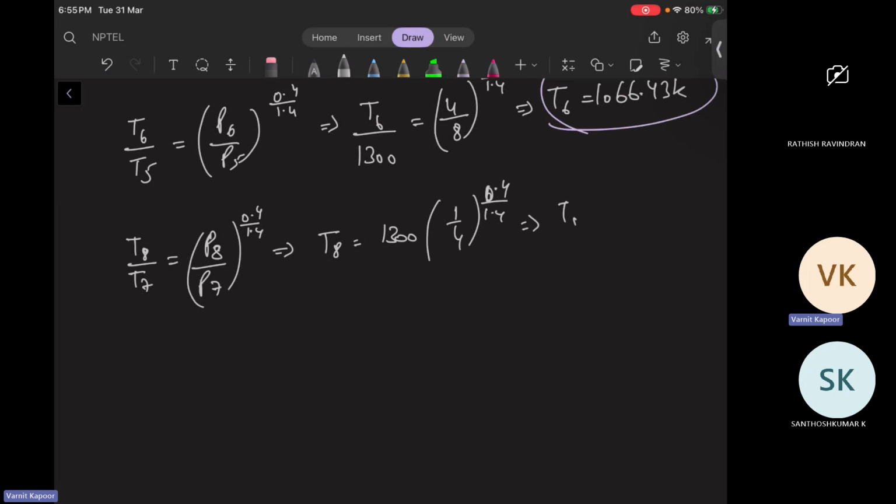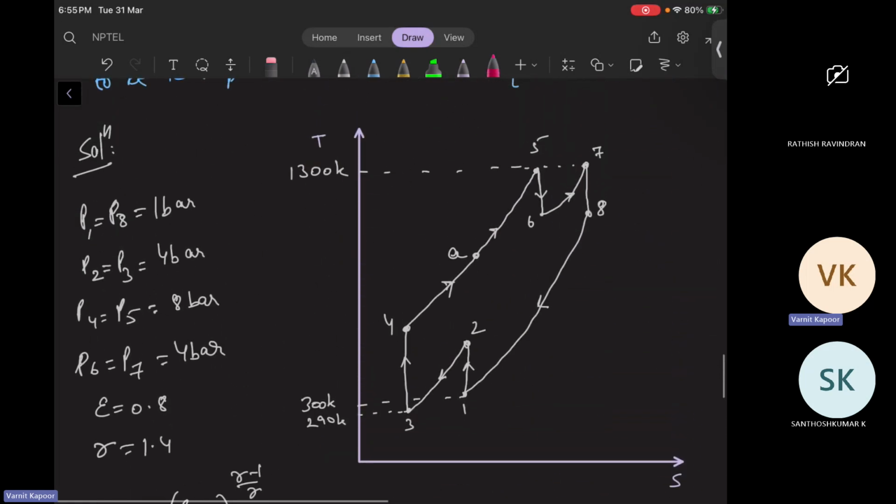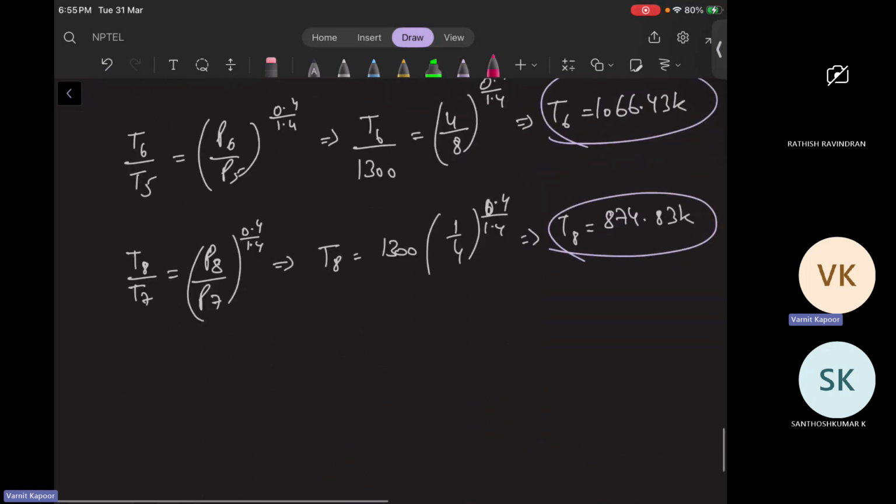From here, your T8 comes out to be 874.83. Now you have all the temperatures except TA, the temperature of the regenerator. You don't know this temperature. Let us get that TA as well.